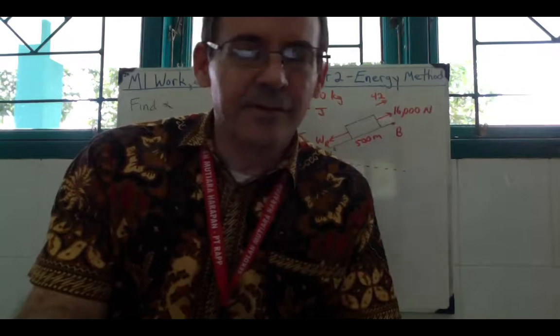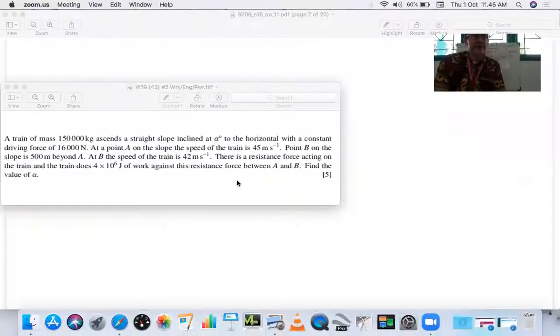Okay, let's read our last question together. Here we have a train of mass 150,000 kilograms that ascends a straight slope inclined at alpha degrees to the horizontal with a constant driving force of 16,000 newtons. At a point A on the slope, the speed of the train is 45 meters per second.